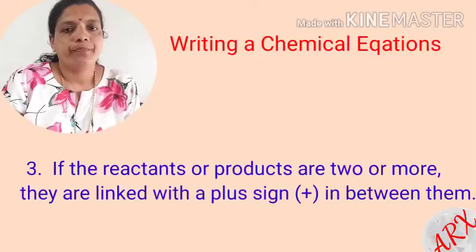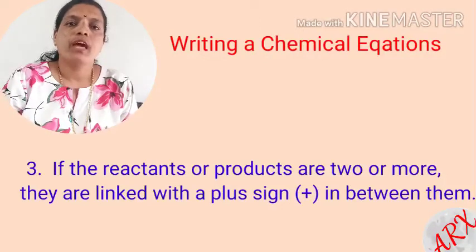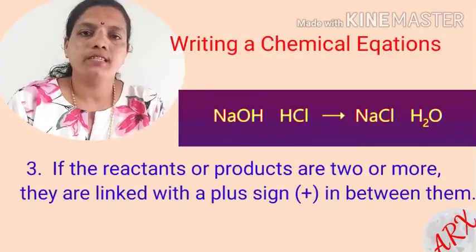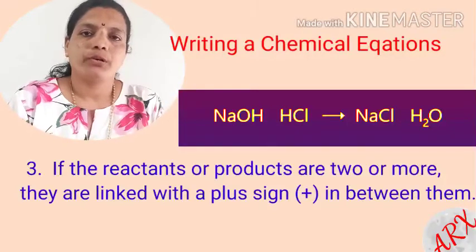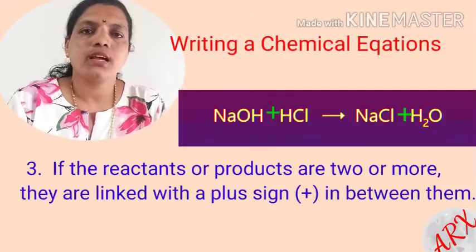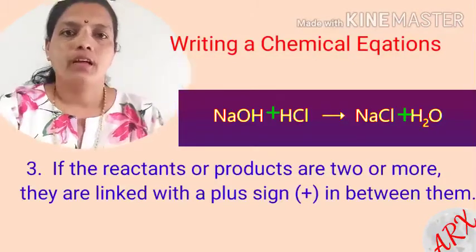Point number 3. If the reactants or products are 2 or more than 2, then we have to write a plus sign in between them. For example, NaOH reacts with HCl. It gives NaCl and water. So we have to write a plus sign in between NaOH and HCl, also in between NaCl and H2O.